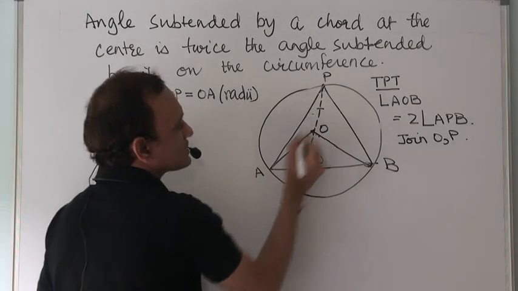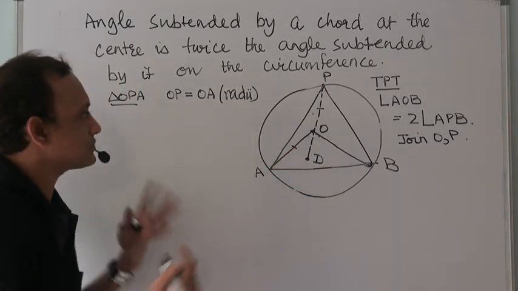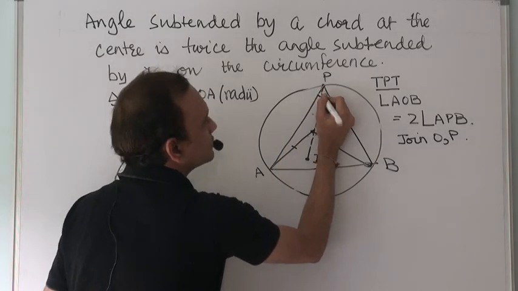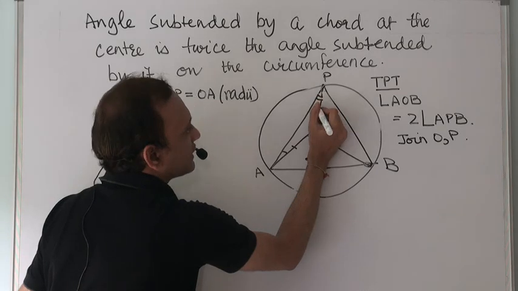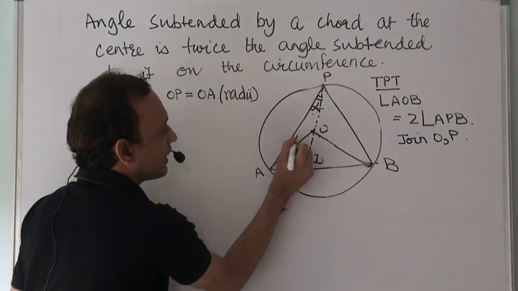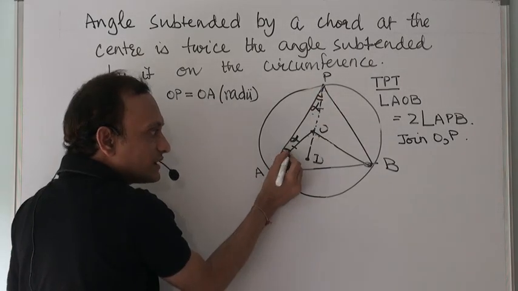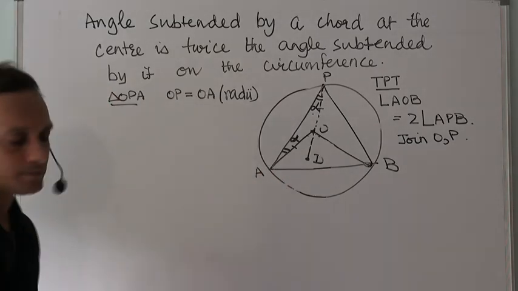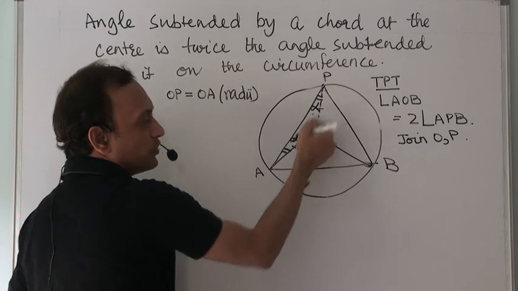So if OP is equal to OA, then the angles opposite to equal sides must be equal, right? That means this angle must be equal to this angle. If I choose to call this angle alpha, then this angle must also be alpha. Now, what is this angle? Angle AOD, that is.